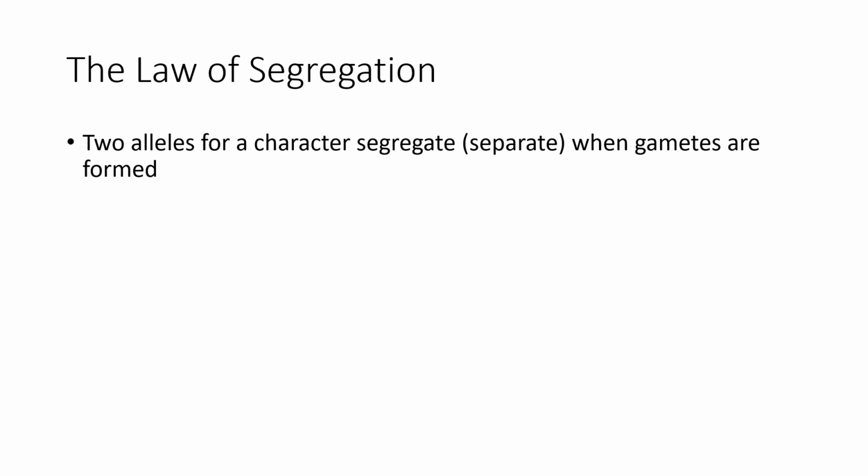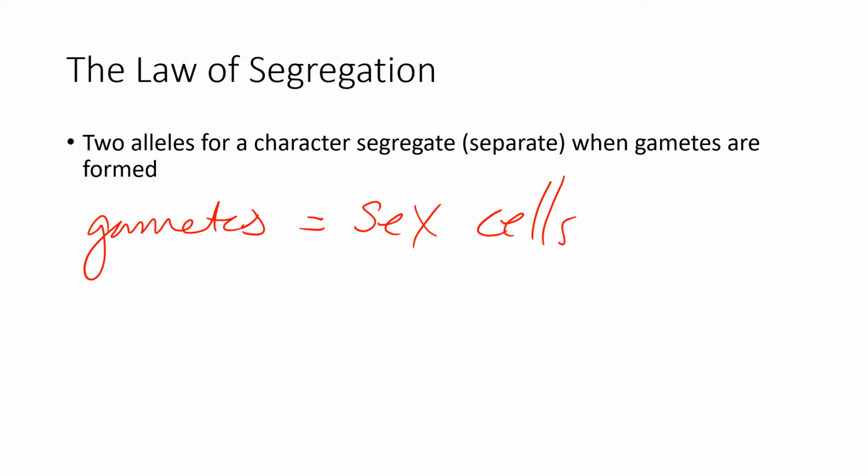So the law of segregation. Two alleles for a character segregate or separate when gametes are formed. So when an organism makes gametes, remember that gametes are sex cells like egg and sperm. Each gamete receives just one gene copy, and it's randomly done.